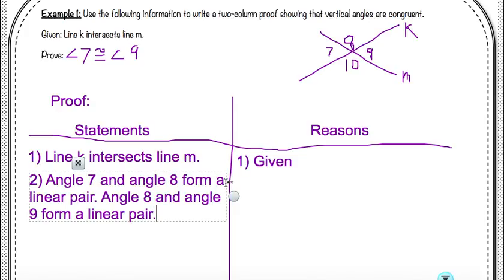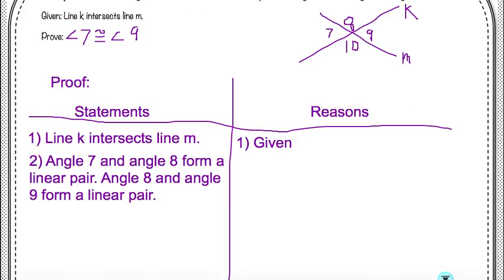So let's talk for a second about how I came up with those numbers. Okay, so first, I know I'm trying to prove that 7 and 9 are congruent angles. I need to find two pairs of angles that form a linear pair, and they have to include angle 7 and angle 9.